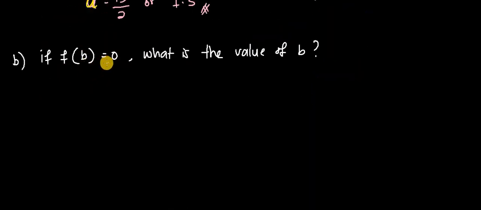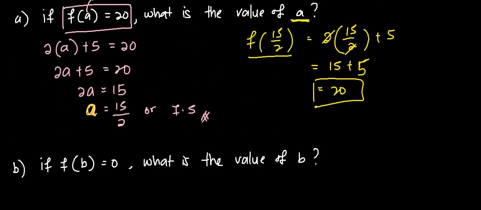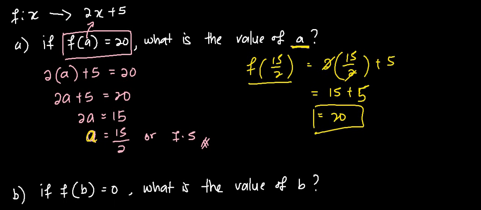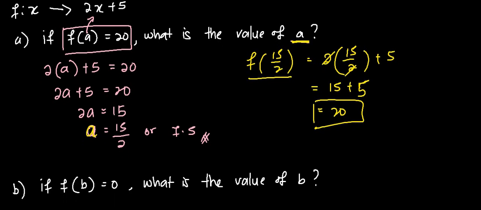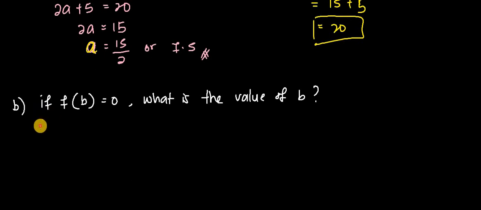If f of b is 0, what is the value of b? So this is the second part of the question. The main question is f of x equals 2x plus 5. The question gives me for b, if f of b equals 0. So I already know f of x equals 2x plus 5. Now the question asks me, if f of b equals 0, what's the value of b?